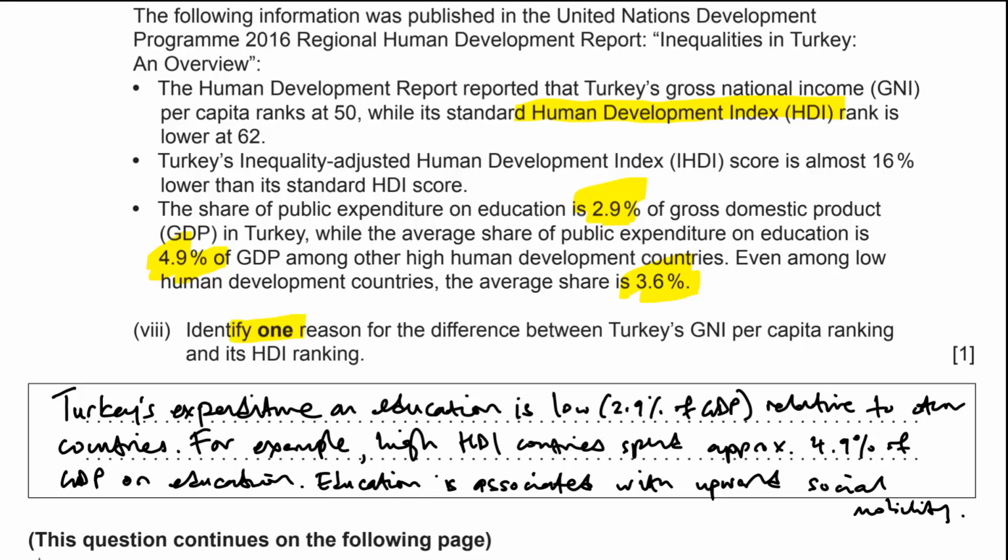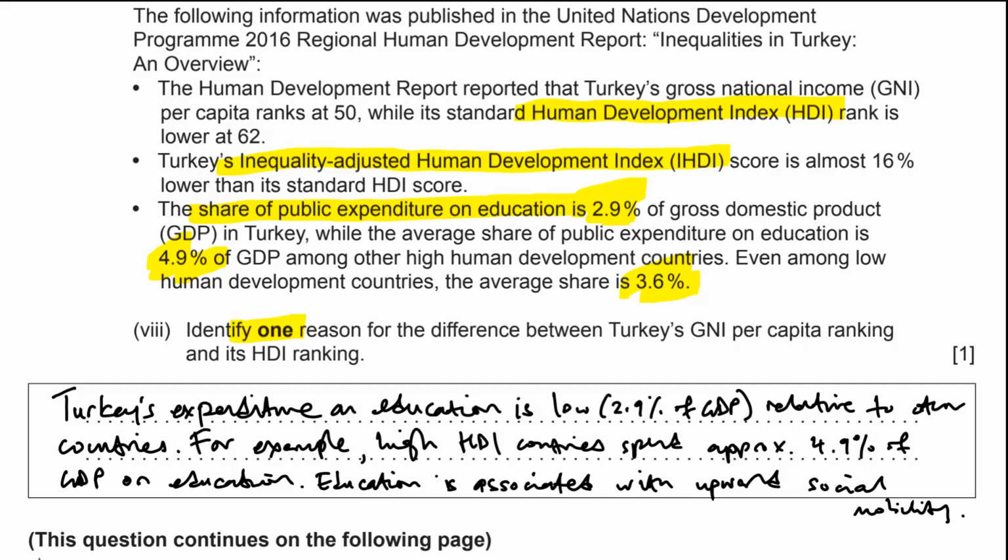Okay, so here they've clearly stated that the share of public expenditure on education is 2.9% in Turkey, and Turkey has a relatively low inequality adjusted HDI. So the inequality adjusted HDI shows the HDI that has been adjusted for any kind of inequality.